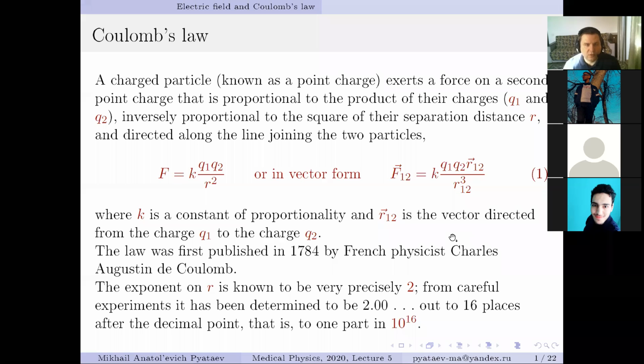And we'll start with a very fundamental thing. It is Coulomb's law. It is the law of interaction of two point charges. You know that electricity was known by humans from very old times.